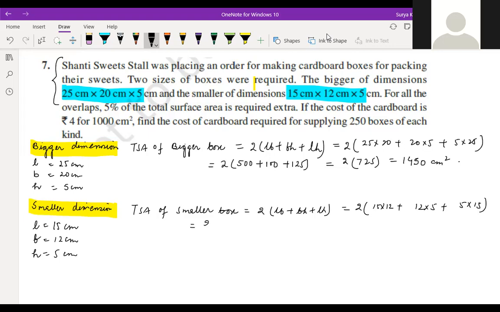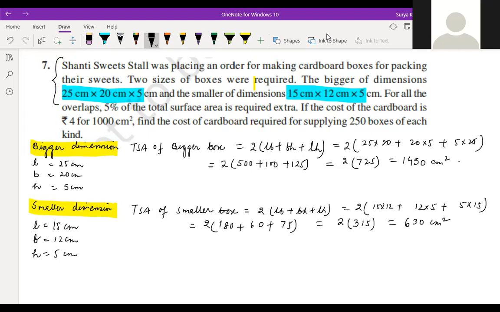You can write it as 2 into 315, sir. Okay, we'll do it step by step. 180 plus 60 plus 75. You are super fast. Now you tell me what we can do: 240 plus 75, that is 315. So 630 we are getting, right?